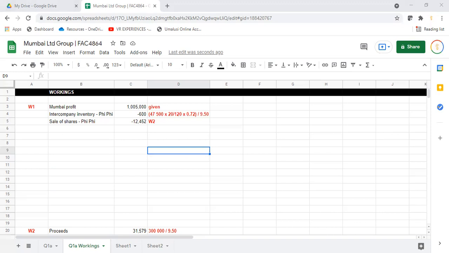The carrying amount was 515, but the fair value was 580. That fair value adjustment does not impact Mumbai's profit. It only impacts the profit of New Delhi, so when we come to New Delhi's profit, we will take that into account.